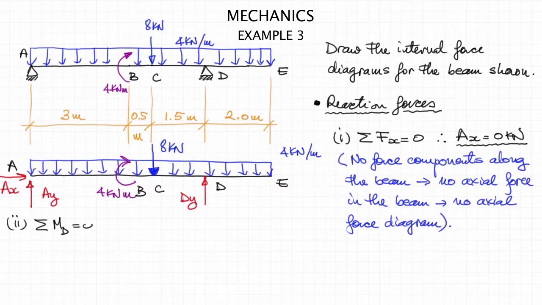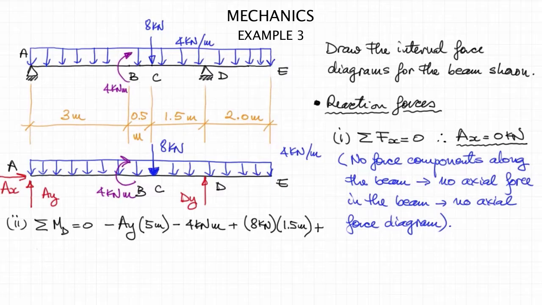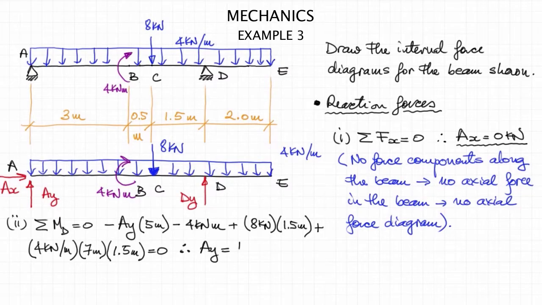Now, secondly, we can sum the moments at D equals 0 in order to eliminate the unknown at D, Dy. So therefore, we can solve here for the vertical reaction force at A, Ay, which is equal to positive 10 kilonewtons, so going upwards.